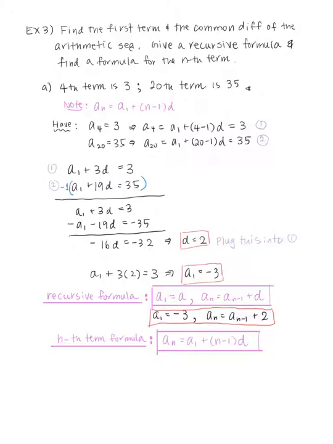Now let's follow that formula, and we're going to have a sub n is negative 3 plus n minus 1 times 2. Let's simplify. So a sub n is negative 3 plus 2n minus 2. So our nth term formula is going to be a sub n equals 2n minus 5. And so this is all what the question's asking you to find.